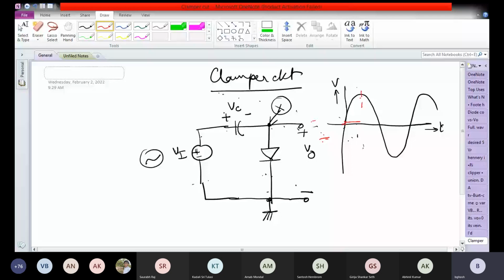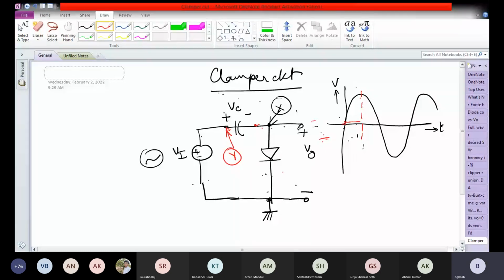At this point, the voltage at point Y starts to fall. But when the voltage at point Y starts to fall, the capacitor has to discharge. Again, remember the filter circuit, but with the difference here, because the capacitor and diode are in series, the capacitor cannot discharge.